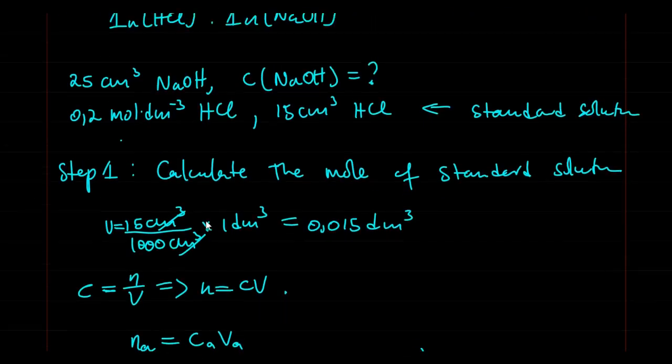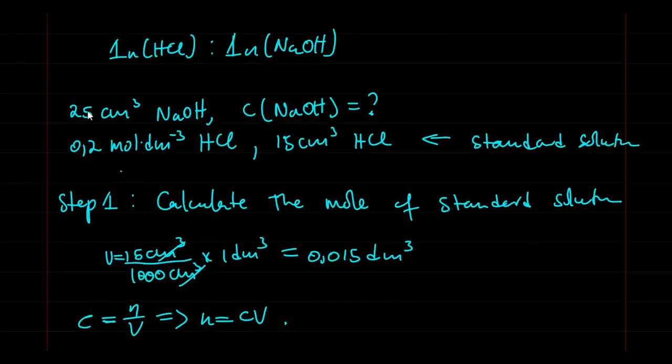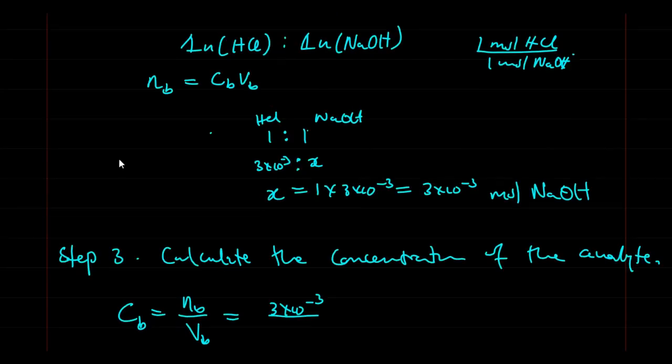We are given that the volume of the base is 25 cubic centimeters. We have to divide that 25 by 1000 so that it is in decimeter cube. So 25 divided by 1000, we get 0.025 decimeter cubes.